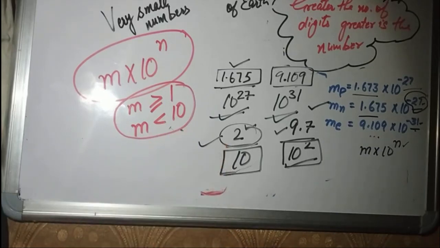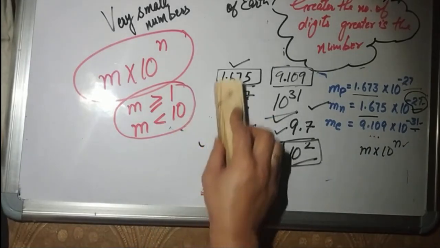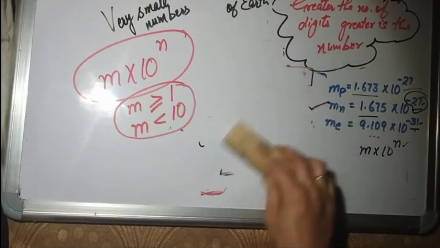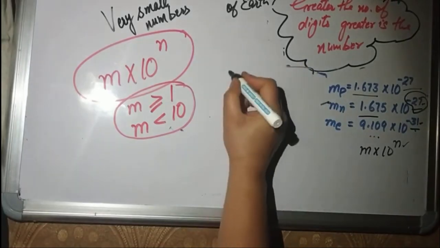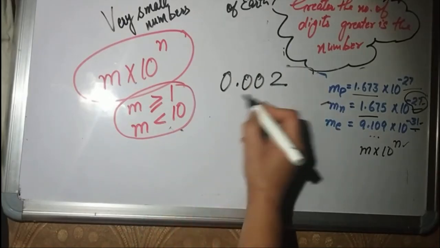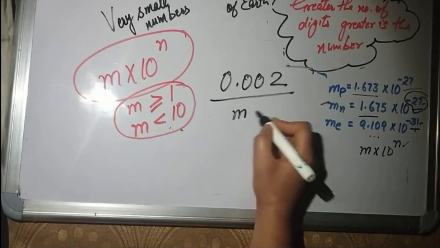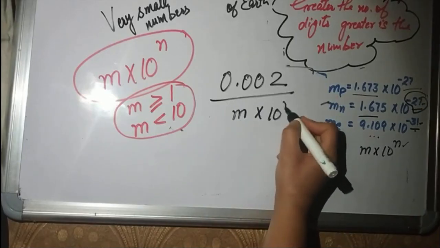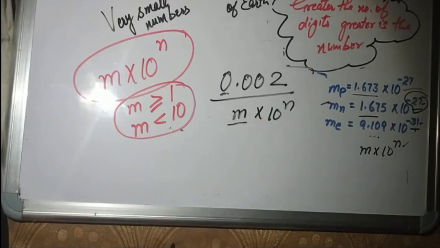To practice these and get more acquainted with these numbers, I'll choose some numbers which are very small and very big and try converting them into scientific notation, just like 0.002. If I have to convert this into scientific notation, it is not in scientific notation because it is not in m into 10 raised to power n format. The ones place digit is empty.